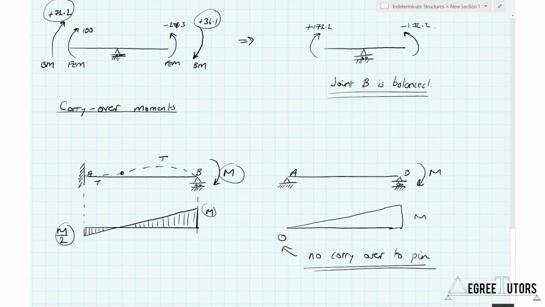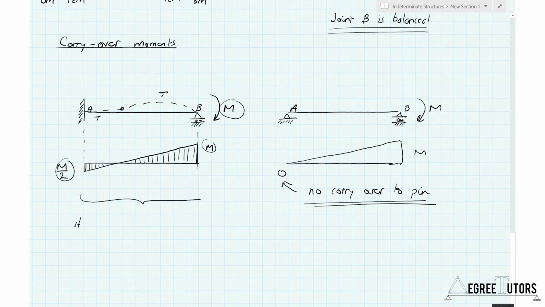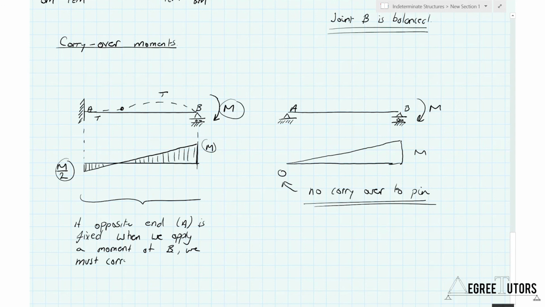So let's just, what were we saying about this guy over here? If we were to encapsulate what I've shown in this diagram in words: if the opposite end, which in this case was end A, is fixed, and we apply a moment at B, we must carry 50% over to A. Okay, all right, that's it.